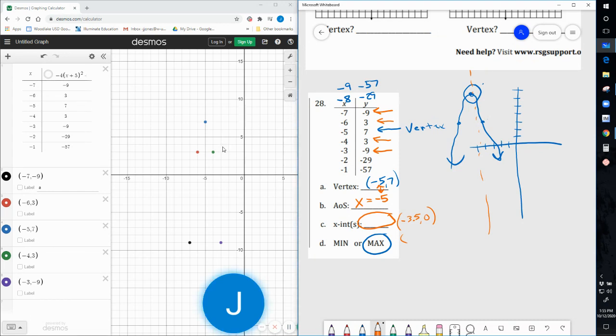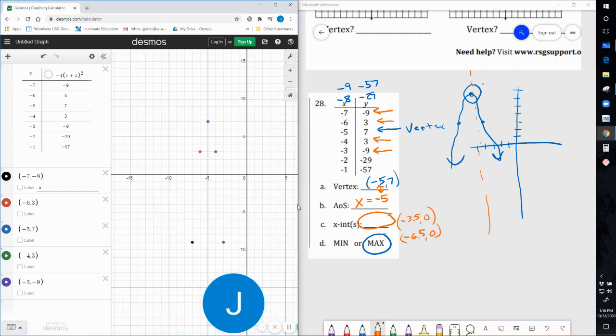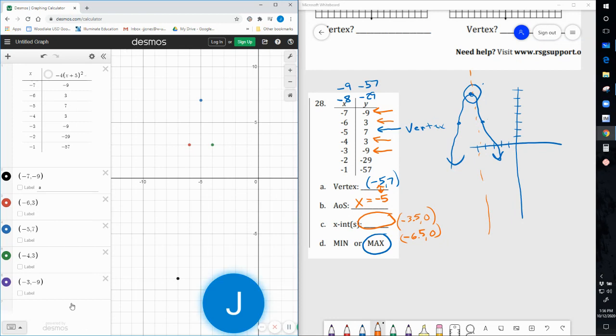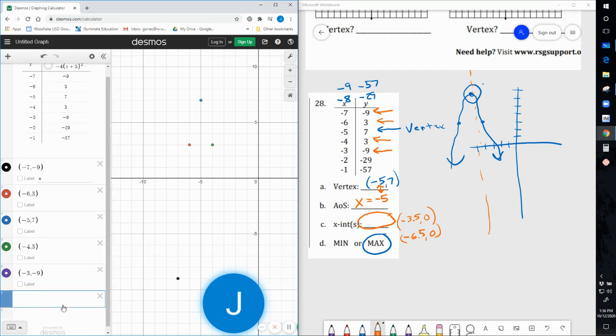And then the other one's going to cross on the other side between -6 and -7. So that means it has to be maybe -6.5 or so. Now those aren't going to be the exact answers, but those are basically points that are approximately right, and so actually, let's just go ahead and put those points and see what they look like.